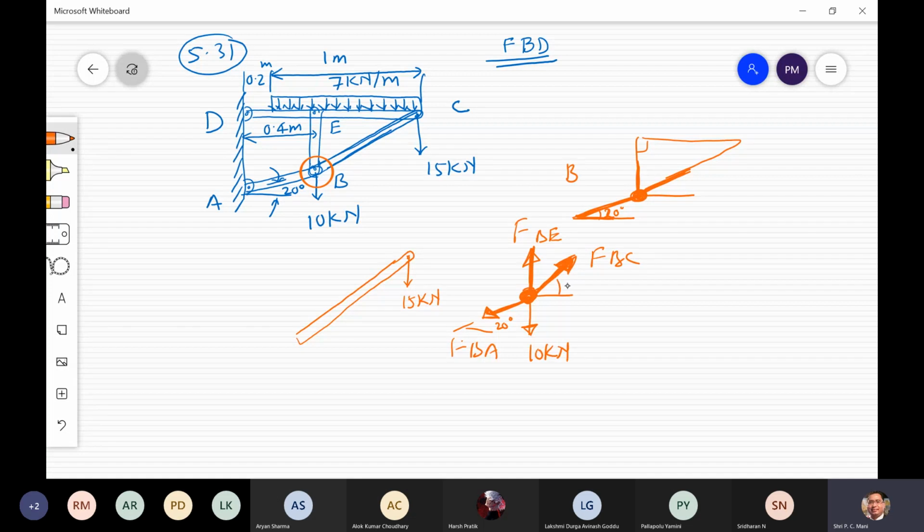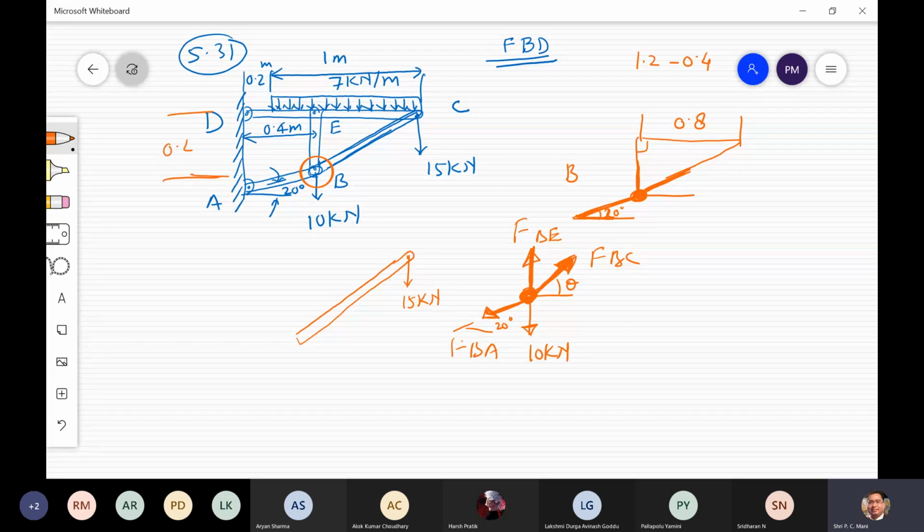This angle, theta, you have to find with the help of this triangle. This length is how much? Total is 1.2 minus 0.4, so that is 0.8. And this one is given as 0.4.